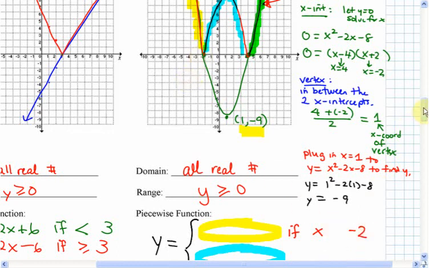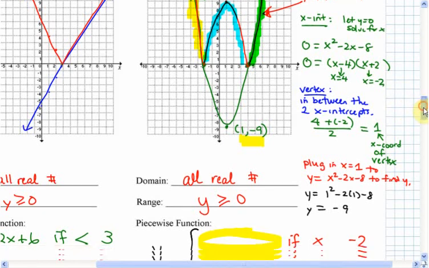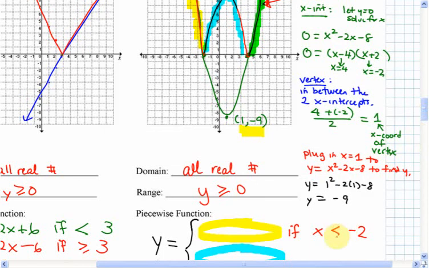Let's look at the picture. Which part did I shade in? The values that are negative 2, negative 3, and so on to the left. So that means x should be less than negative 2. So this yellow part represents the part of the graph that is less than negative 2.